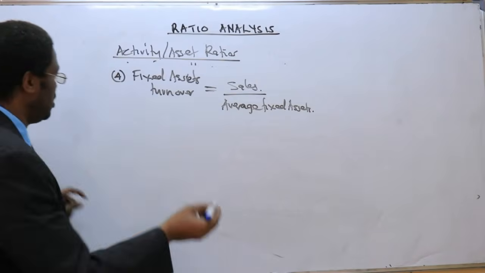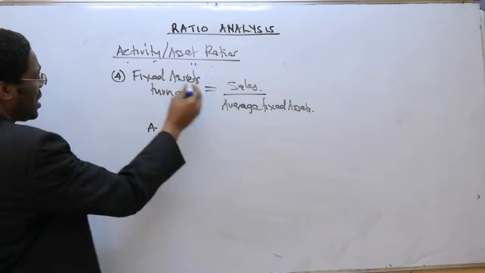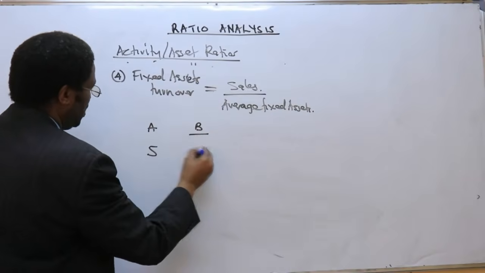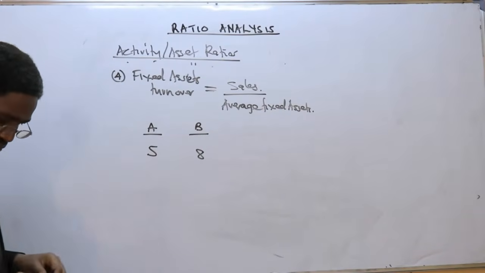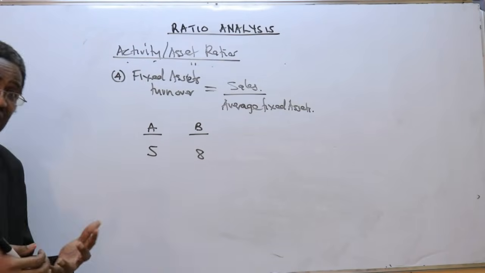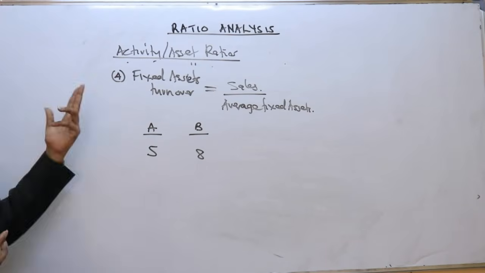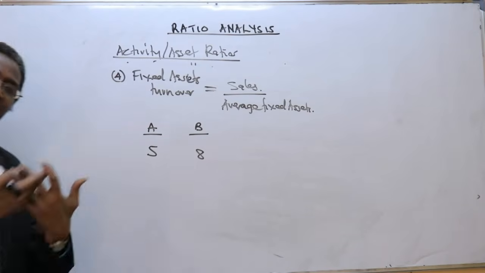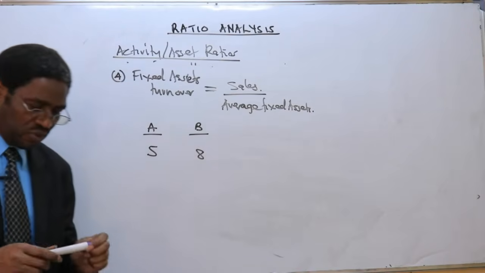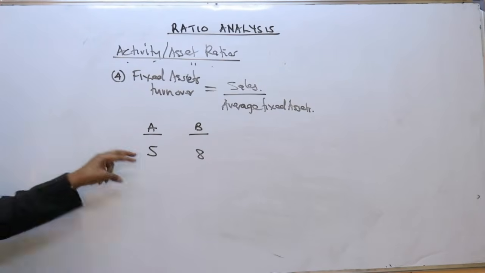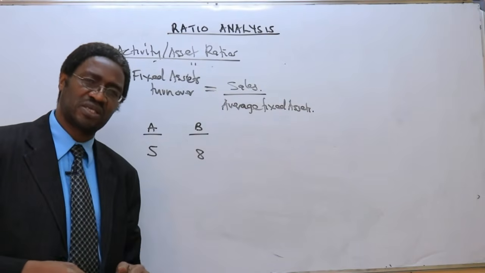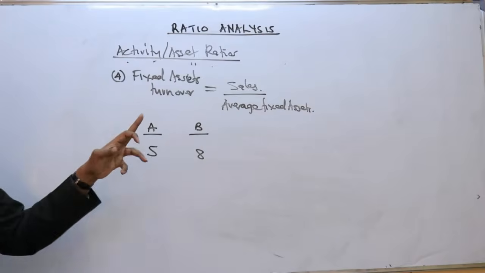So let's say company A has a fixed assets turnover of 5, while company B has a fixed assets turnover of 8. Which company is better? For company A, for every shilling invested in fixed assets, that 1 shilling is able to generate 5 shillings as sales.